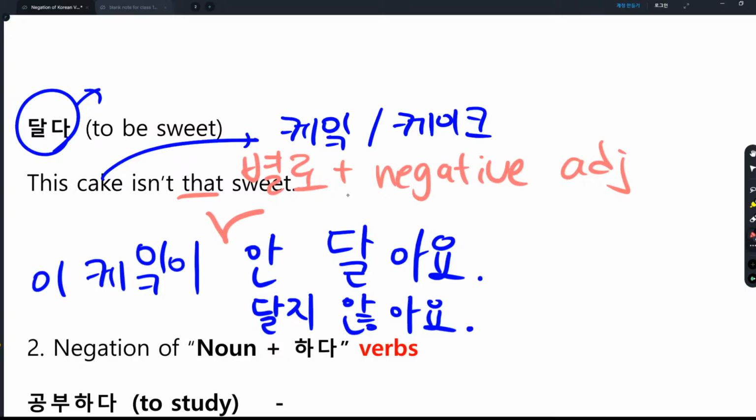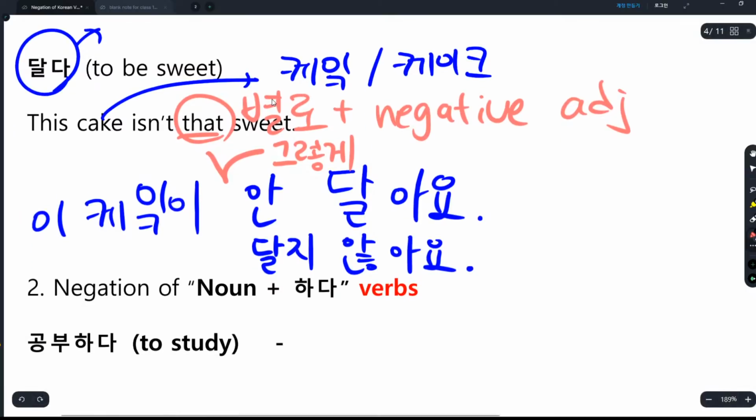Sorry about that. 별로 안 달아요. Or there's another adverb you can use, which is 그렇게. 별로 안 달아요, or 그렇게 안 달아요, or 그렇게 달지 않아요, would mean this cake isn't that sweet. So by putting the adverb 별로 or 그렇게 and combining with negative adjective, it has the meaning of it's not that adjective.